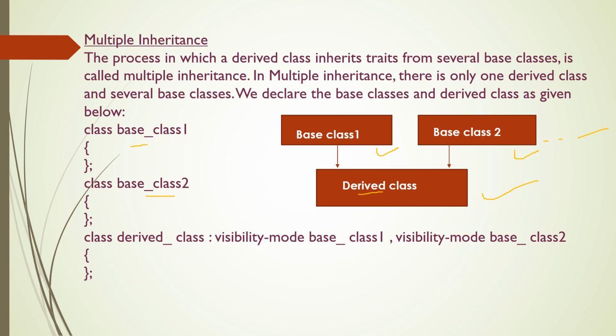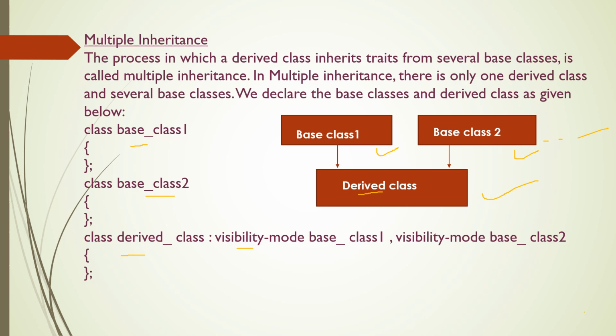Existing classes will be created individually, and then while creating the derived class, after the colon we will use the access specifier, then the class from where we are inheriting the properties, that is the class name, and after a comma we can in the same way write another base class name also.